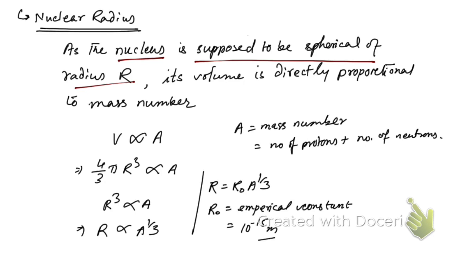So this is how we get the radius of a nucleus. Now let us discuss a method to estimate the size of the nucleus.